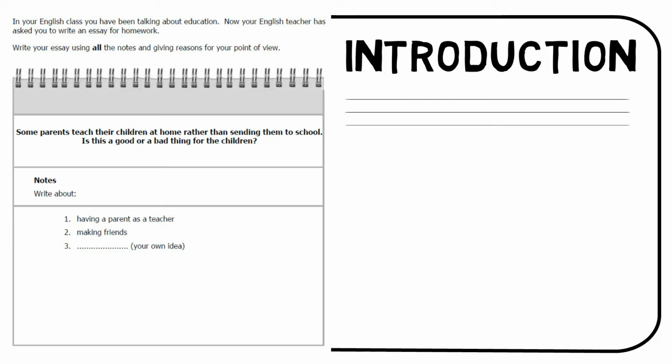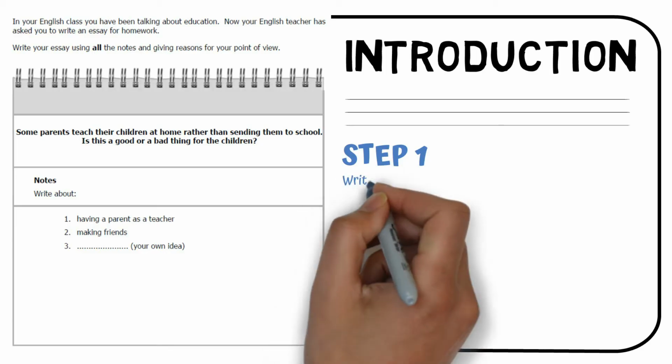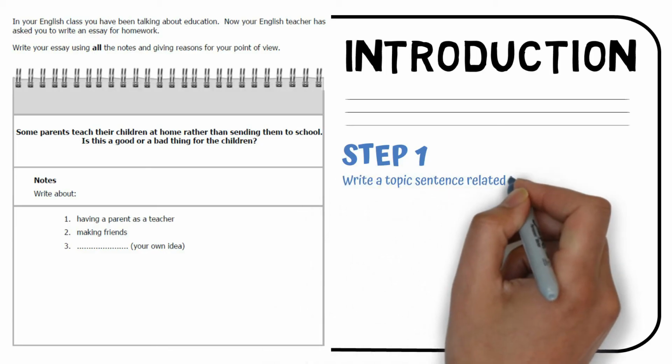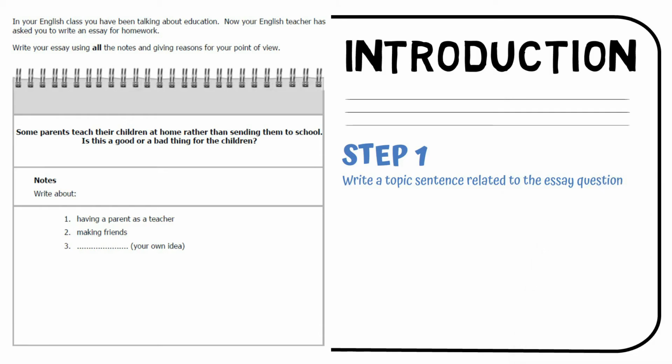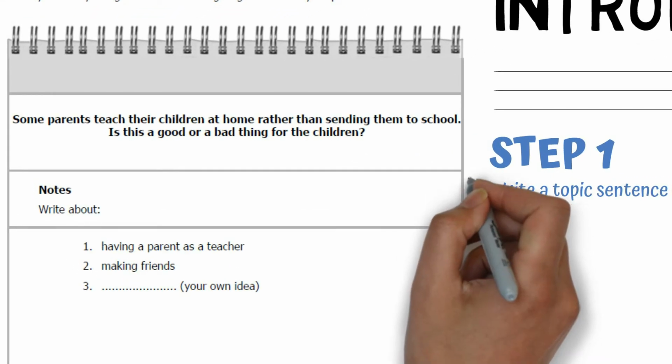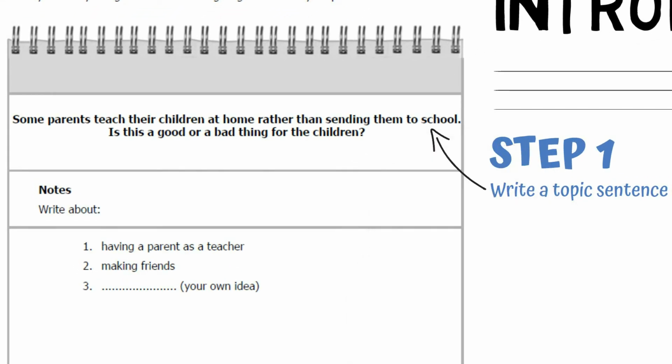The introduction. This is the first part of your essay. Step 1. In the introduction, you need to write a topic sentence related to the essay question. This essay is about parents teaching children from home.